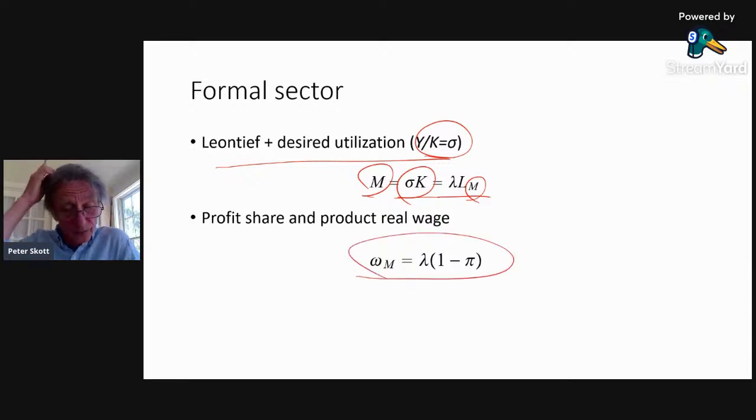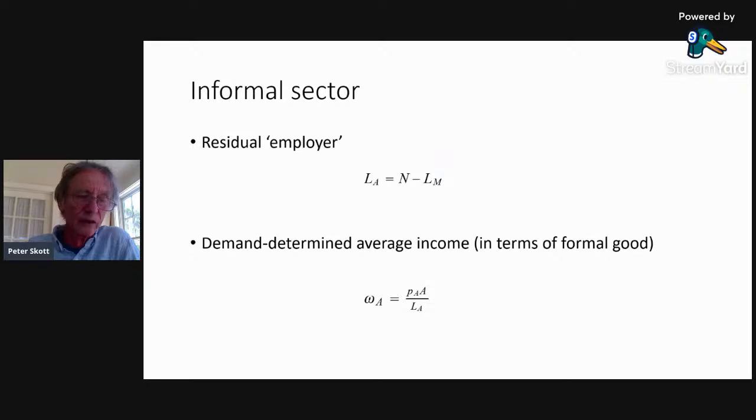We have a definitional relation between the profit share and the product real wage. So the product real wage in the modern sector is equal to lambda times 1 minus pi, pi indicating the profit share. Informal sector, we have the residual employer story. So the number of workers in the informal sector is equal to the total labor supply minus Lm, the number of workers who find work in the modern sector.